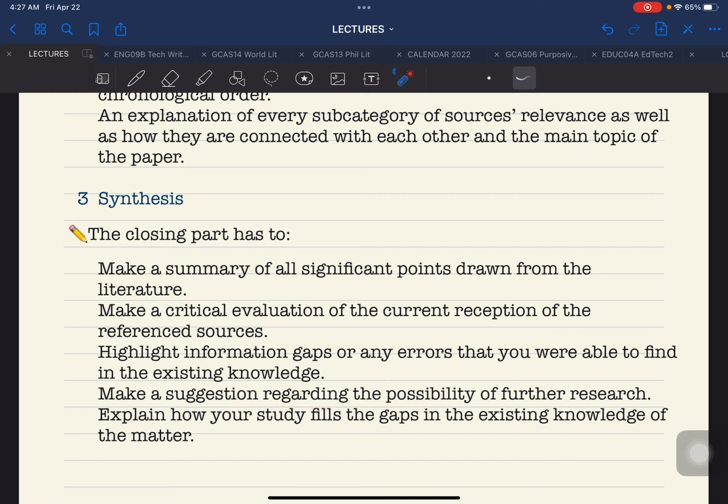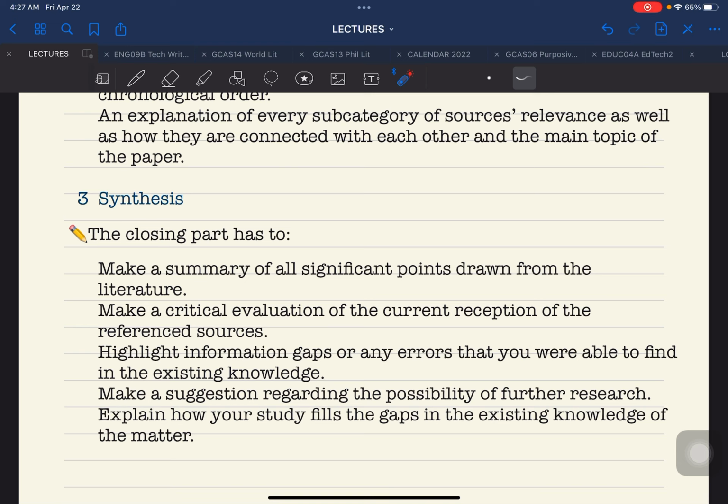And the last part is explaining how your study fills the gap or the research gap. How does this particular study fill the gap in relation to the reinforcement that you are discussing in the literature review? The review of literature will now reinforce that there is an actual gap.